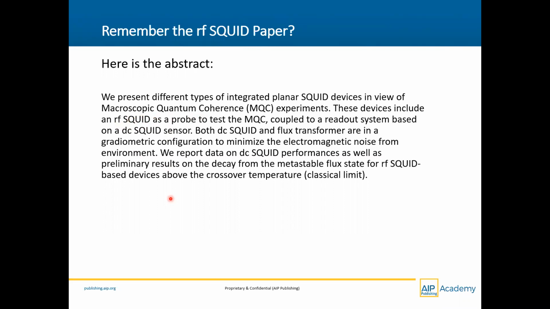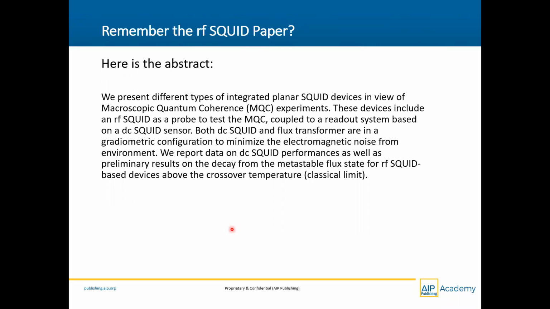Both DC SQUID and flux transformer are in a gradiometric configuration to minimize the electromagnetic noise from environment. We report on DC SQUID performances as well as preliminary results on the decay from the metastable flux for RF SQUID-based devices at the crossover temperature or classical limit.